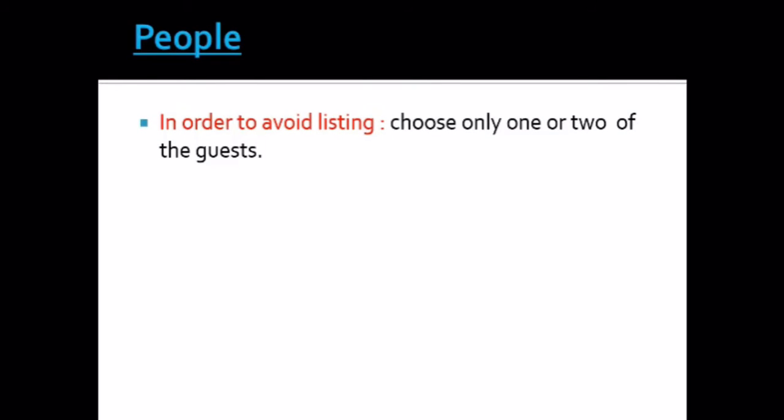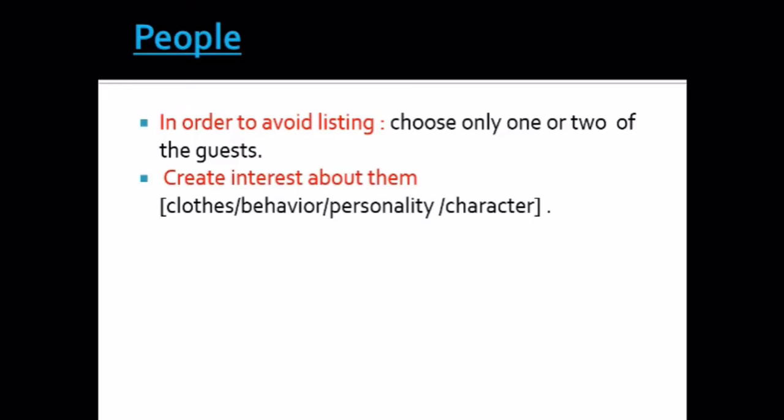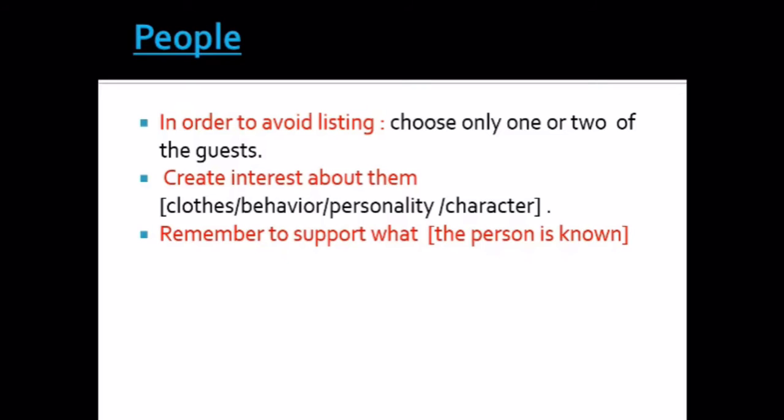Yes, so be selective, of course, 2 to 3 guests only, and I can talk about somebody who's wearing strange clothes, somebody who behaves strangely, about the personality, about the character of somebody. This is how I am creating interest. Okay, of course the person which I chose should be known by me and my friend.